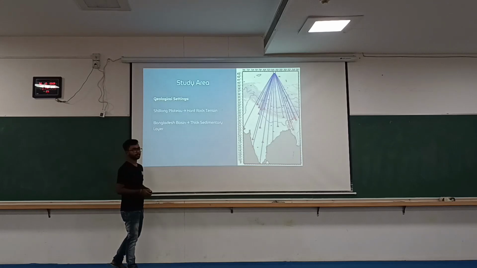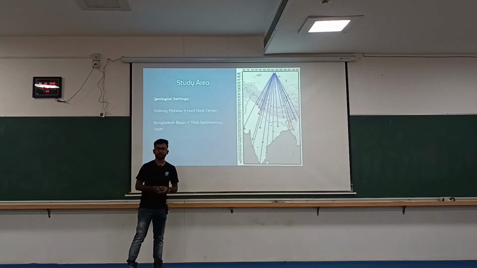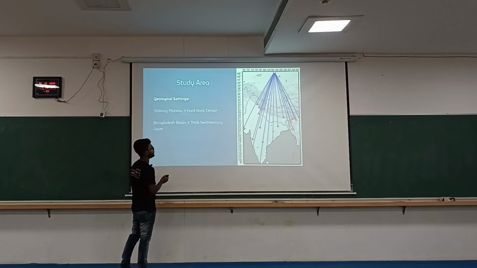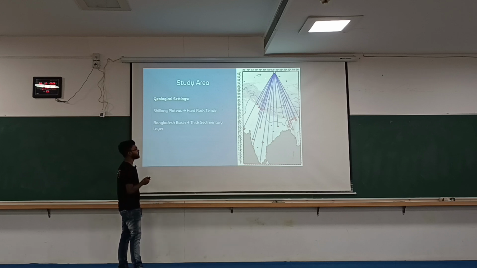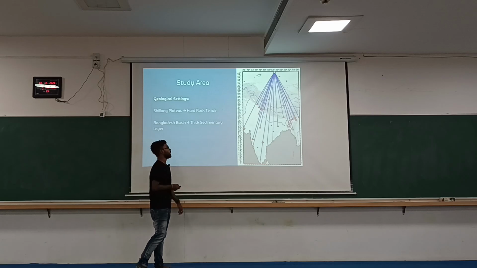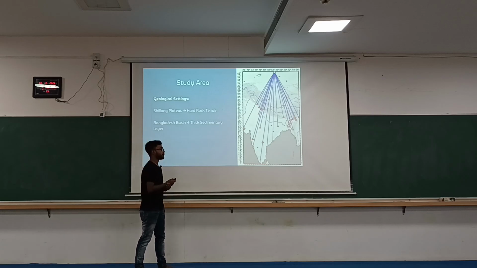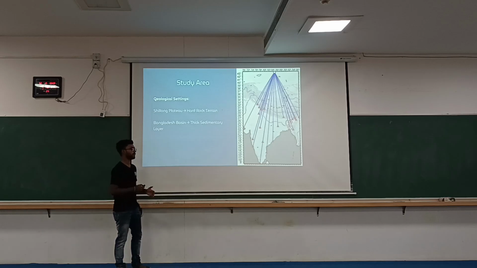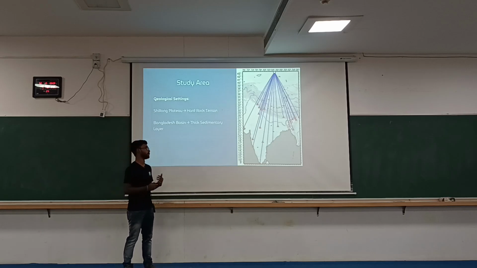For this we have used a seismic event of 2012, as you can see, marked here. The seismic waves travel in the great circular path, and we picked out two stations, one in the hard rock region and one in the Bengal basin region, to see if there is any amplification which may concern us.